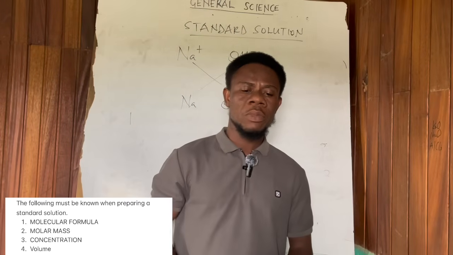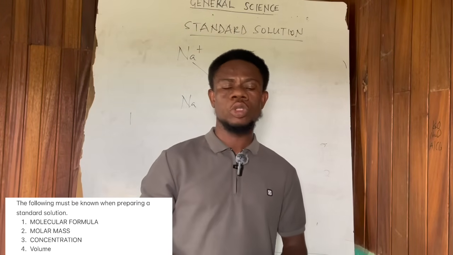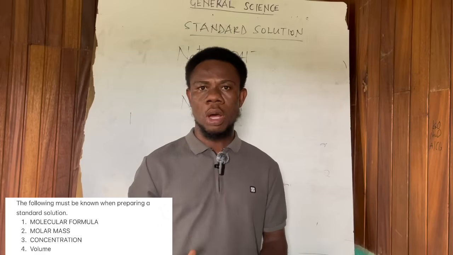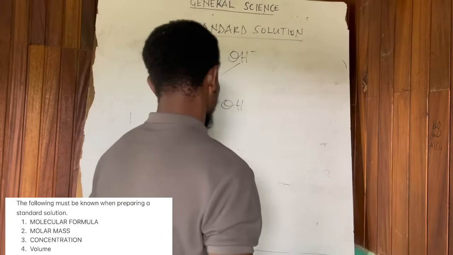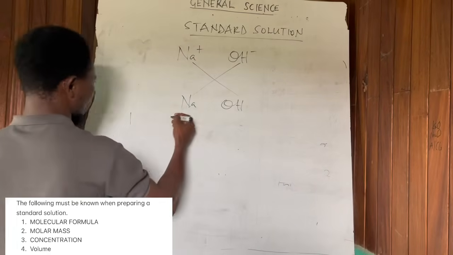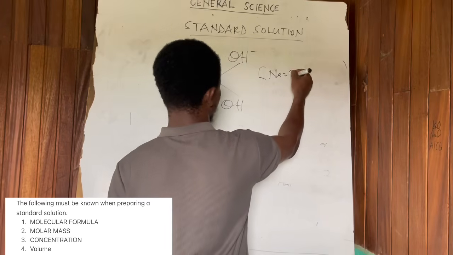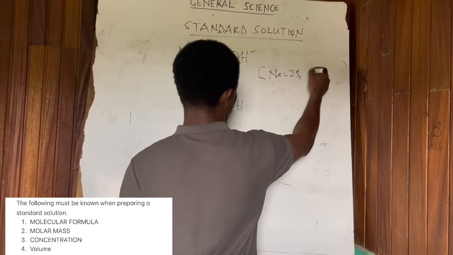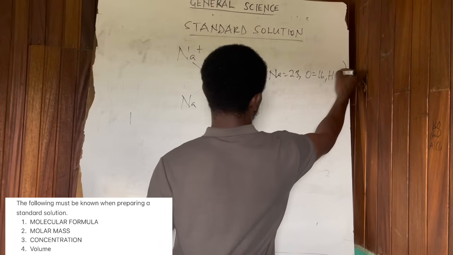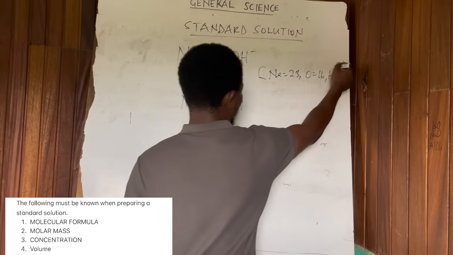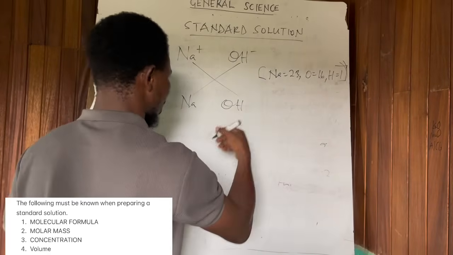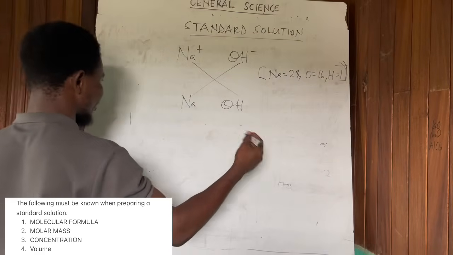At the same time, you have to know the molar mass of the compound you want to prepare. So let's take for instance, sodium Na is 23, oxygen is 16, hydrogen is equal to 1. Then you use this to calculate your molar mass.